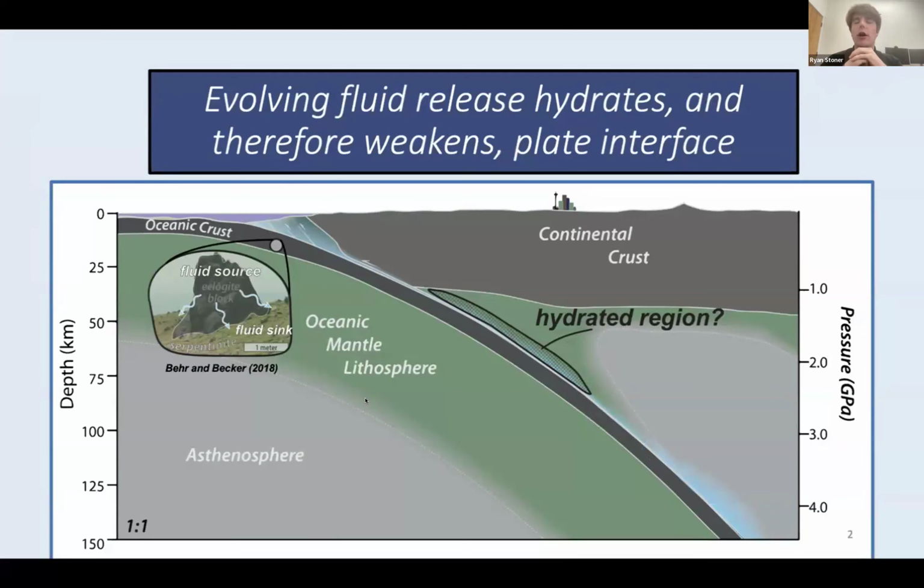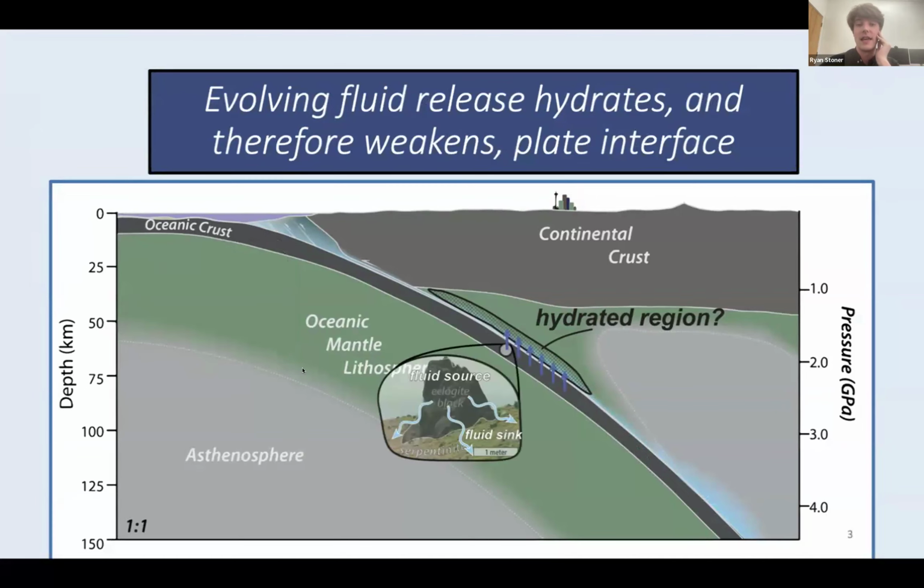One of the key processes associated with subduction is that as typically oceanic plate is underthrust below the overriding plate, it's brought into contact with warmer conditions that melt at depth, where the oceanic crust can behave as a fluid source. So as it is underthrust, some of the minerals that contain volatiles are destabilized, and that releases fluids that can percolate upwards and then along the plate interface and can hydrate the mantle wedge.